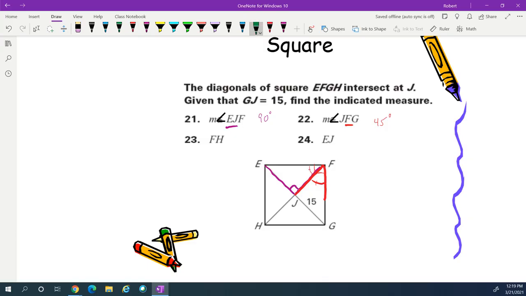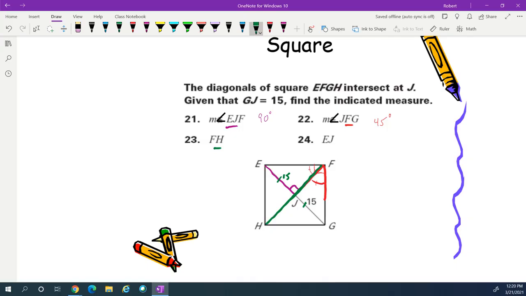Segment FH. FH is the entire diagonal. Well, again, the diagonals are bisected. That's true for all parallelograms. So the diagonals are bisected, making each side of that diagonal 15. But we inherit from a rectangle that the diagonals are congruent.